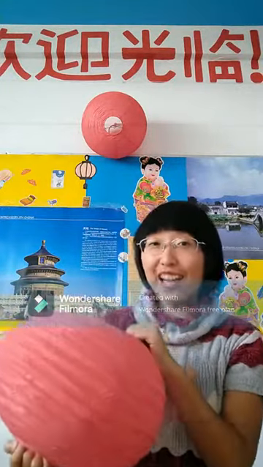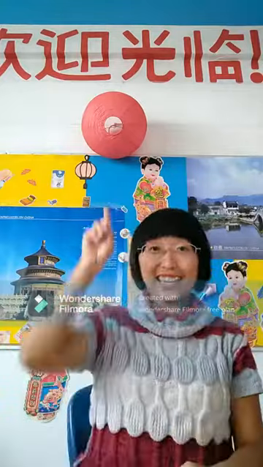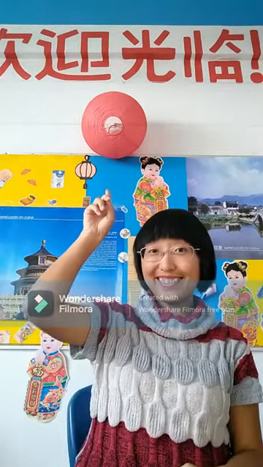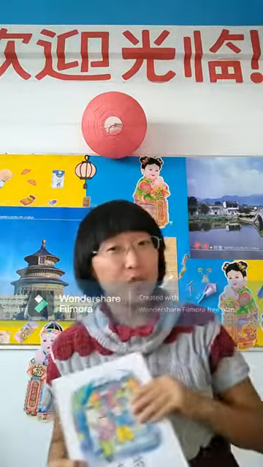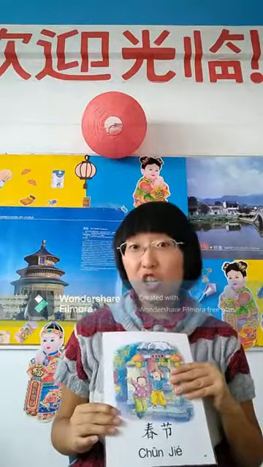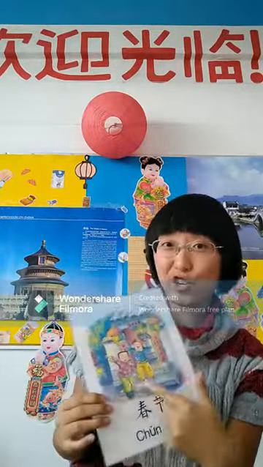Then you can make a Chinese lantern by yourself, just like this one. So this is the first activity we can do through looking at this picture.